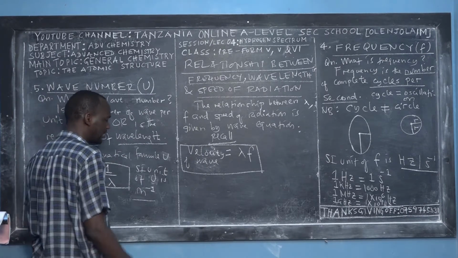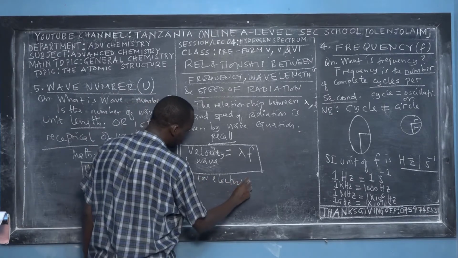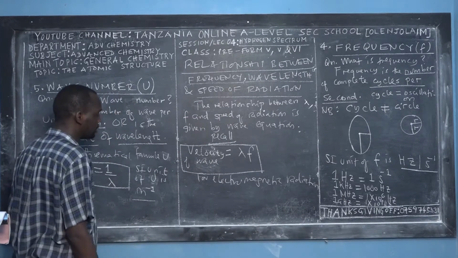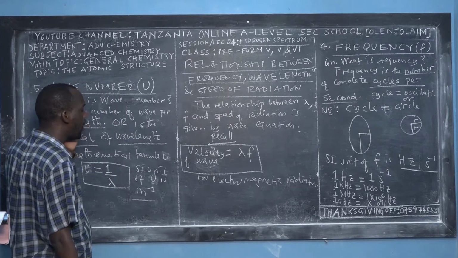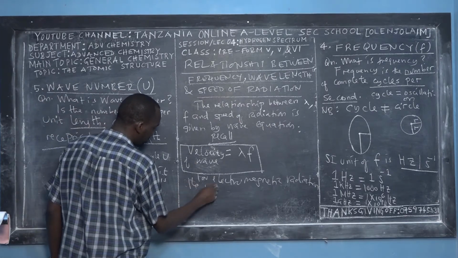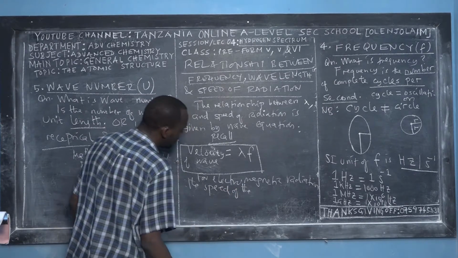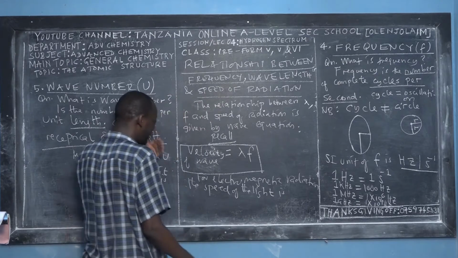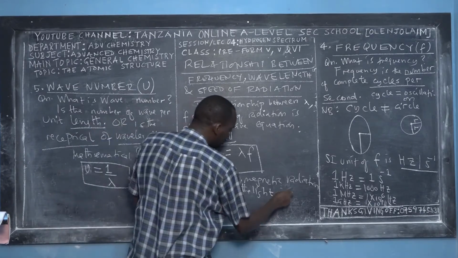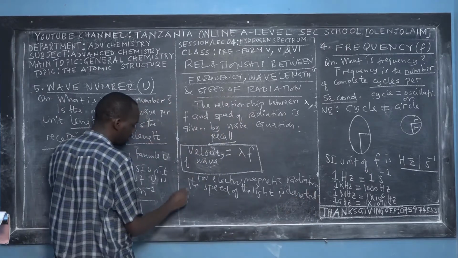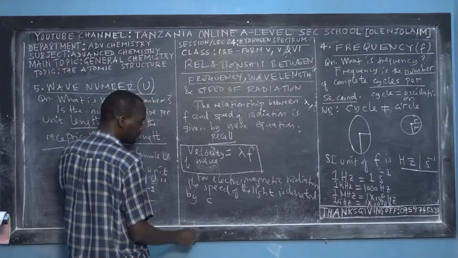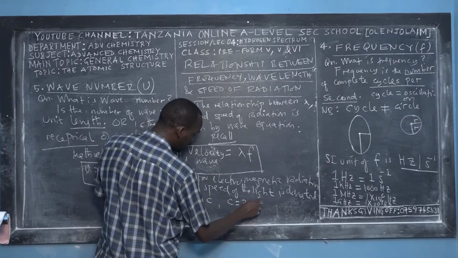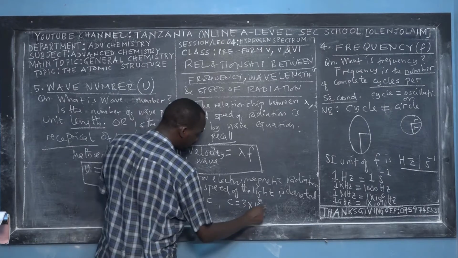For electromagnetic radiation, we say that the speed of the light is denoted by C, and its magnitude, the speed of radiation, the speed of light, is 3.8 meters per second.